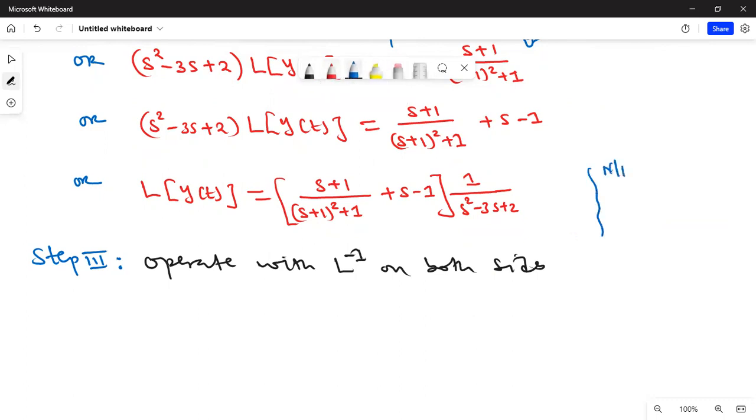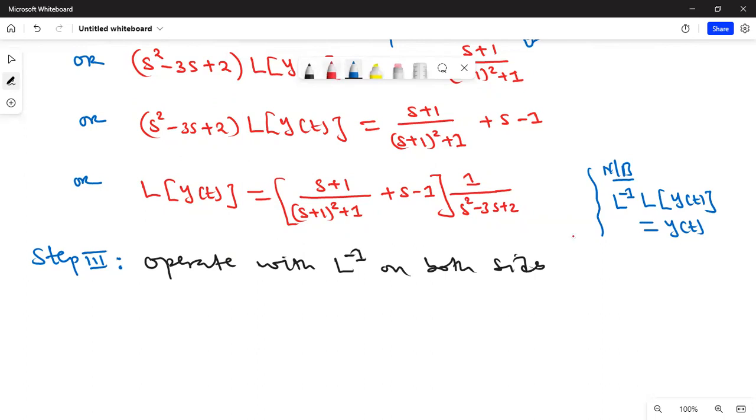Take note that when you have L inverse operating on L of any function y of t, the result will be y of t. Because L inverse and L are inverse operators of each other. So when you operate, L inverse and L will give you the identity operator, and the identity operator operating on a function gives you the same function.